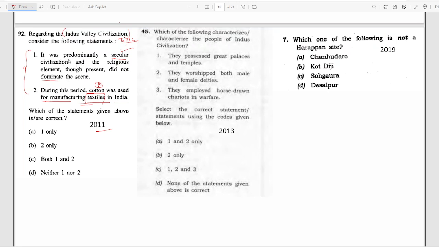So the first option is asking whether the civilization was secular or religious. The second part of the question is asking whether cotton was grown and used. They're not asking whether cotton was grown, they're asking whether cotton was used for manufacturing textiles in India. So you should know what was present in that particular civilization.